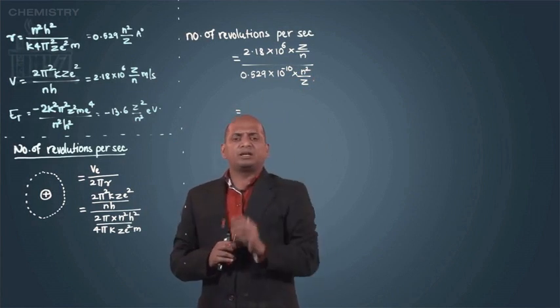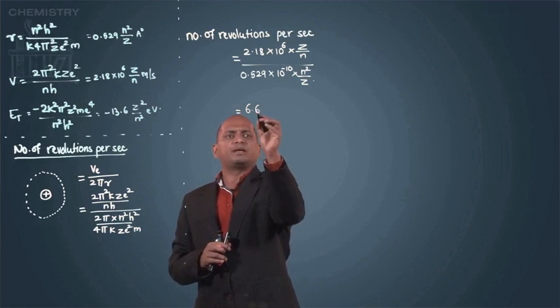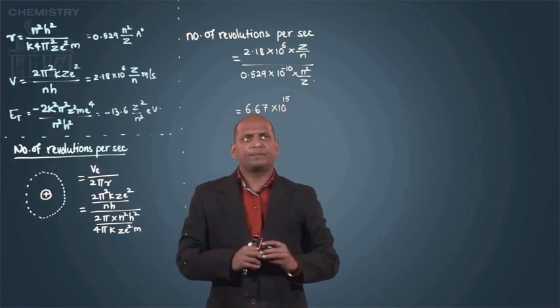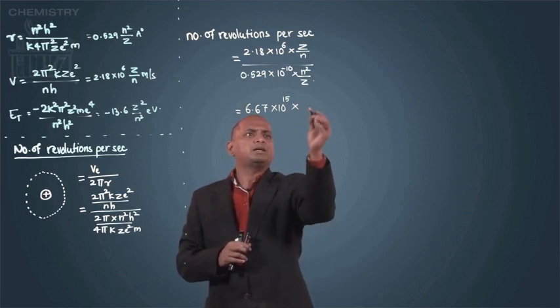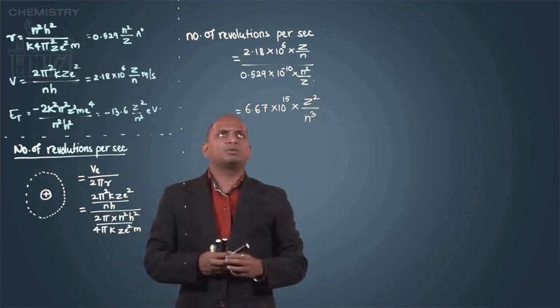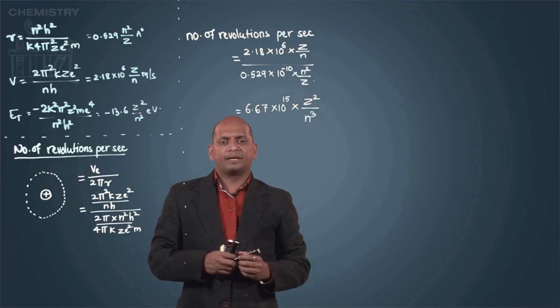So if we calculate this, we get 6.67 into 10 raised to 15 multiplied by Z square upon n cube. So these are the number of revolutions per second.